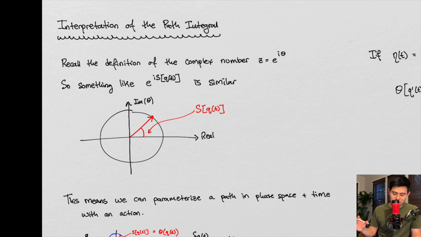So we're doing the interpretation of the path integral. We're going to recall the definition of what a complex number is. We're going back to bare bones, and the complex number we can write as z equals e to the i theta. If we take a look at this picture here, theta is the angle that subtends the number.